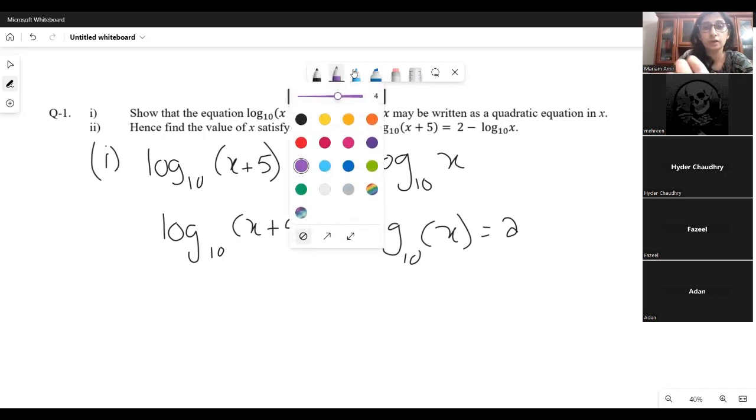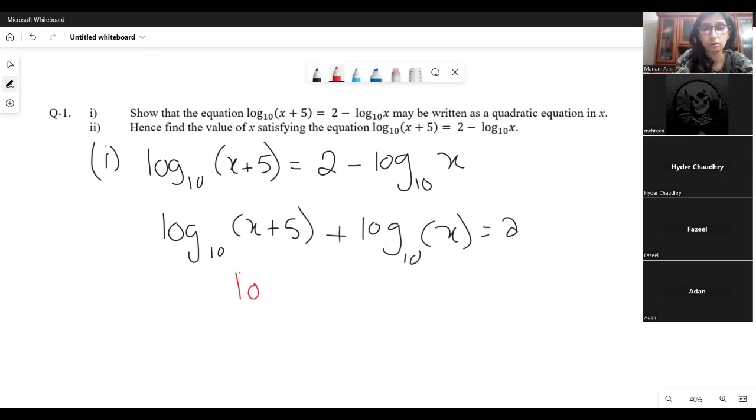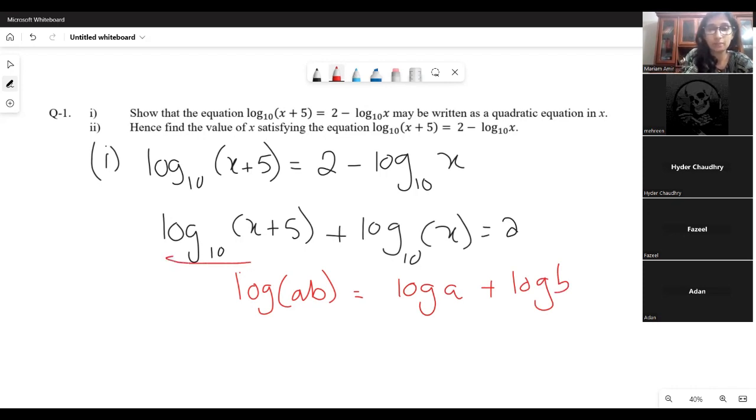And we have discussed this property already, that log AB is actually equal to log A plus log B. So this is log A and log B is being added to it.